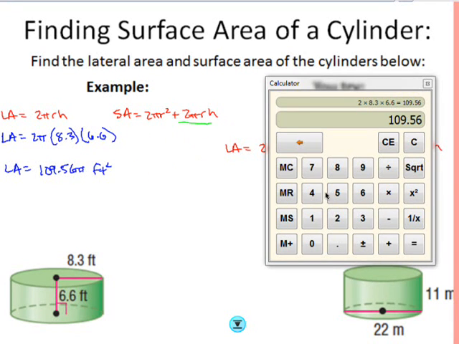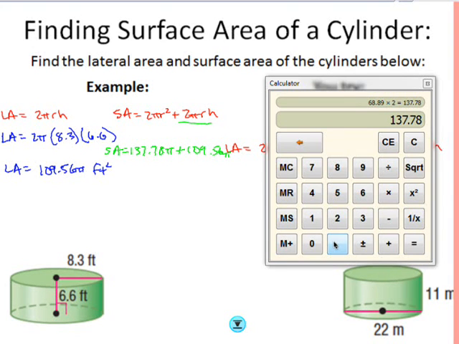So now we just need 2 pi r squared, so we just need 8.3 squared, and we get 68.89, and we're going to double that. So we have 137.78 pi plus 109.56 pi. Okay, and this is the surface area.